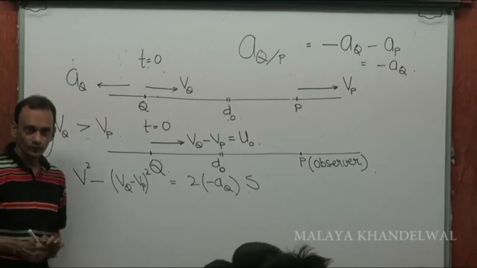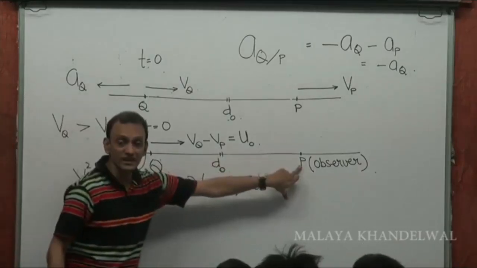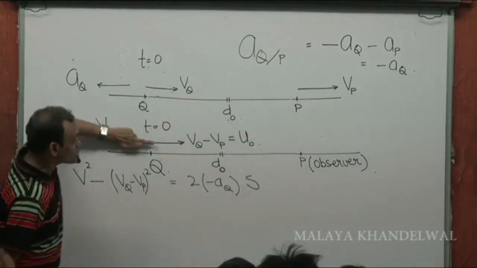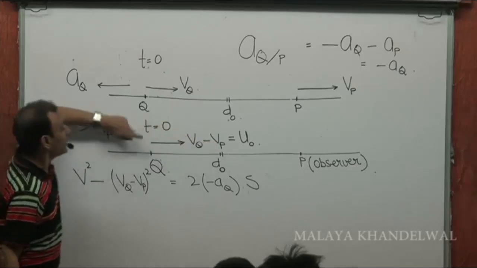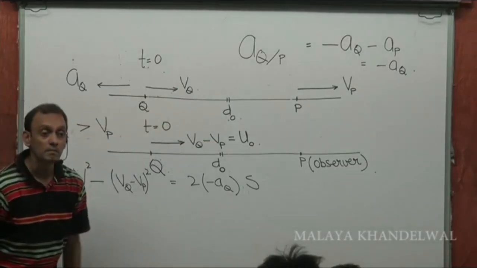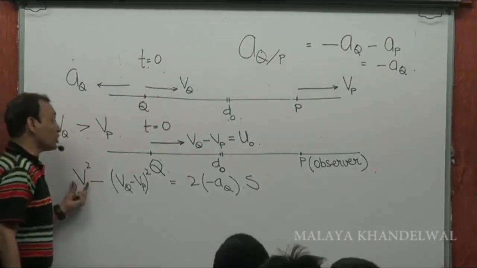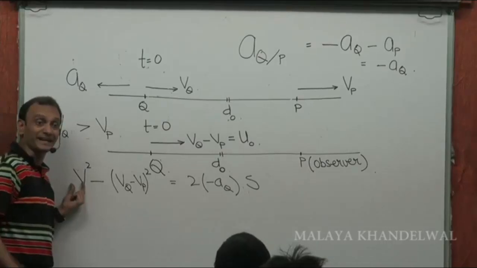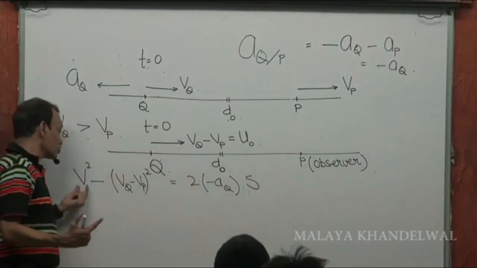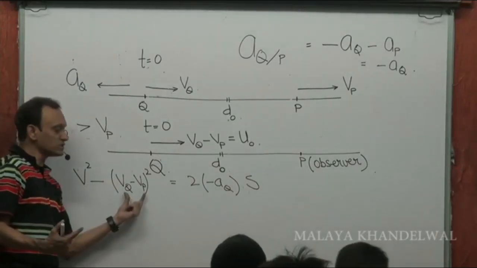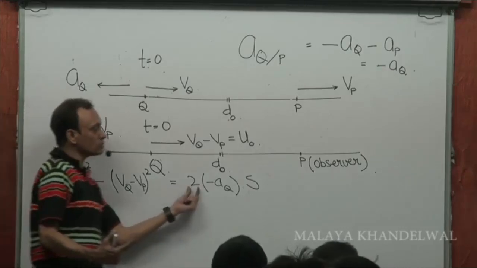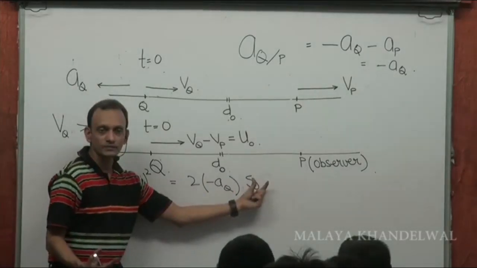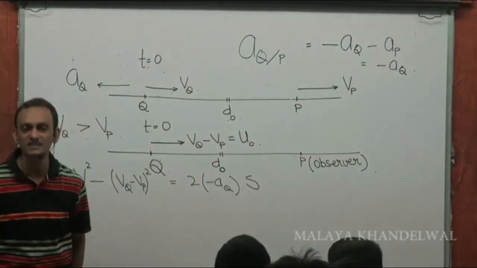Yes or no? Right? It's as if P is fixed. Q has a velocity VQ minus VP to the right, and Q has an acceleration minus AQ. Then the velocity of Q as seen by P at any given instant of time is going to be given by V squared minus U squared is 2 times minus AQ into S, in this equivalent situation where P is fixed. Clear?